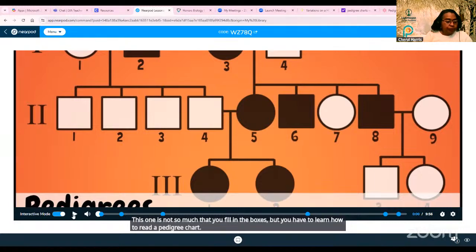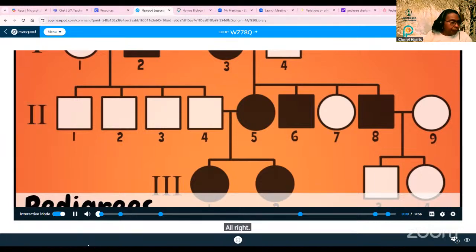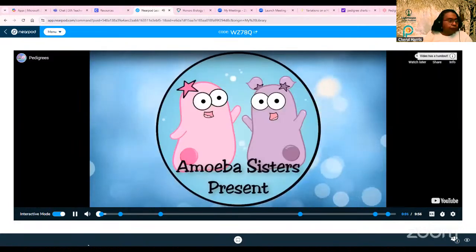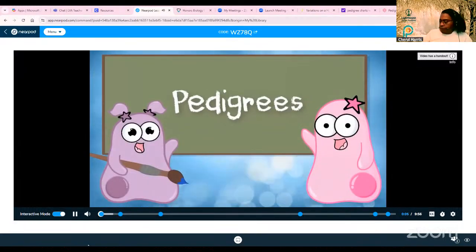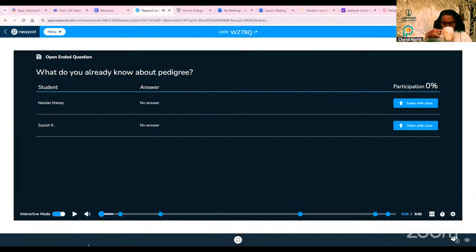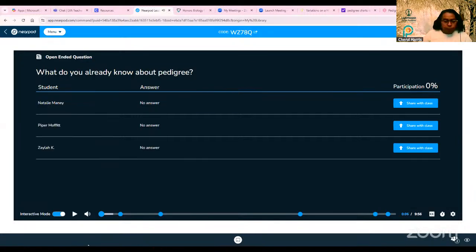All right, right now it tells me that only 3 people are logged in.